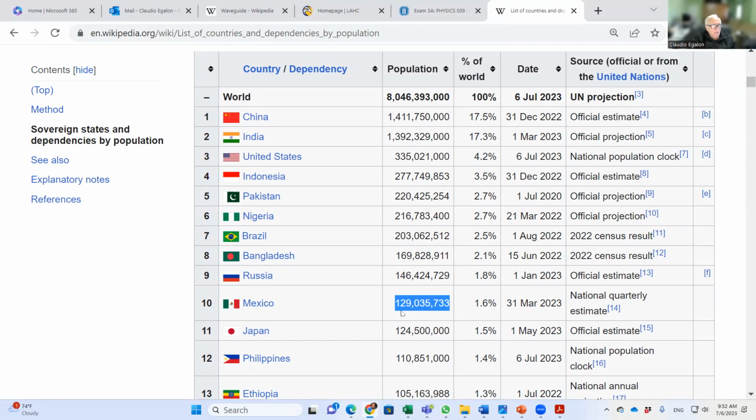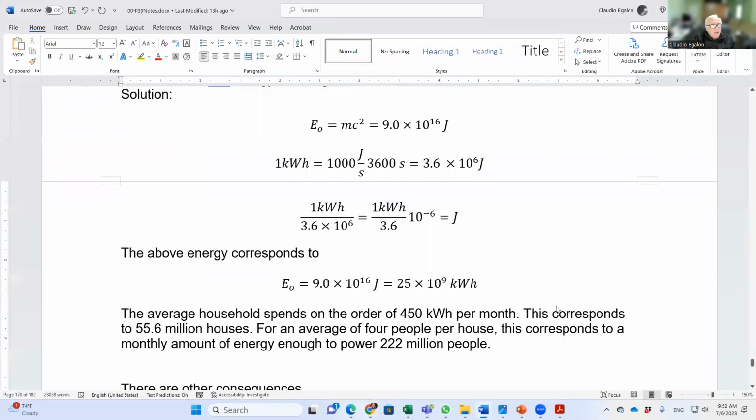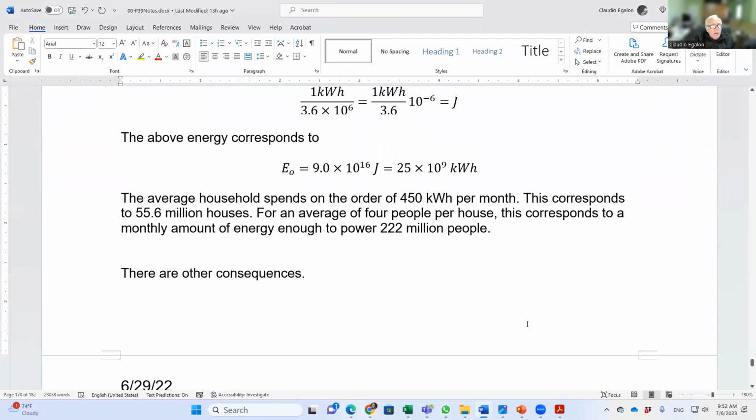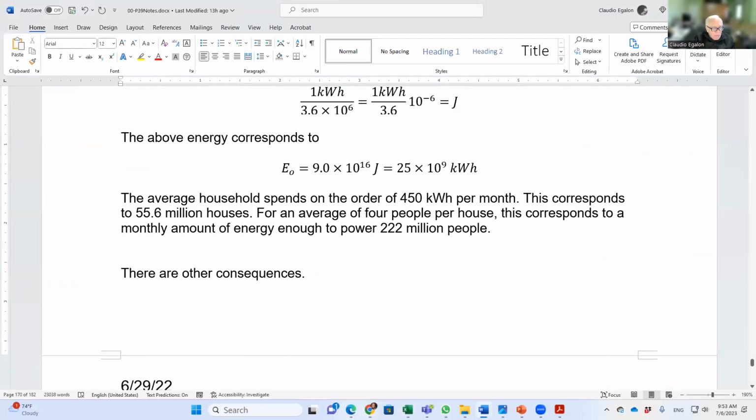Lots of people in Mexico and Russia, Bangladesh. Okay, and that's just for you to have an idea of the amount of energy that just a 1 kilogram mass can provide. The rest energy of 1 kilogram mass.